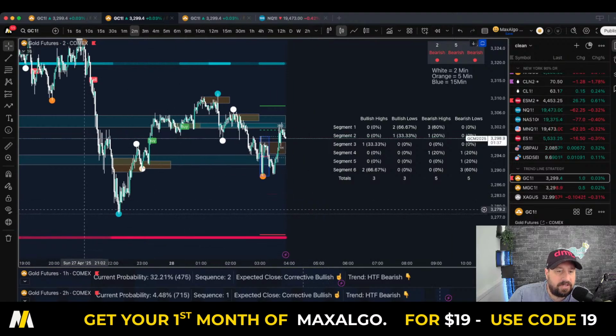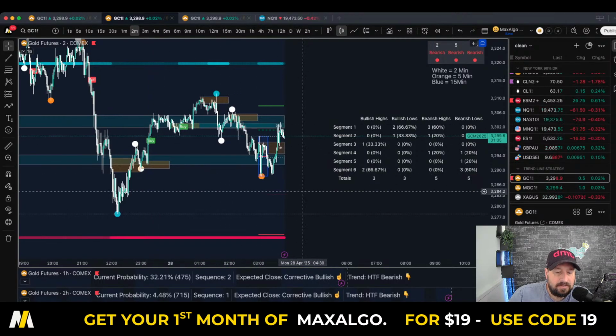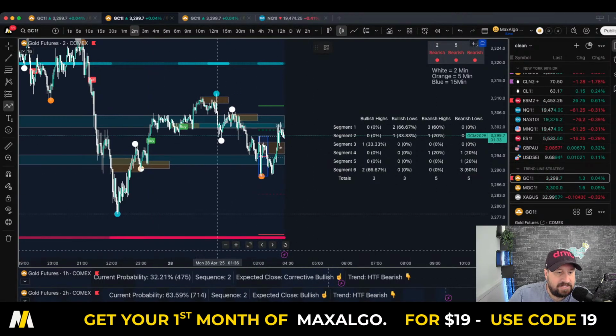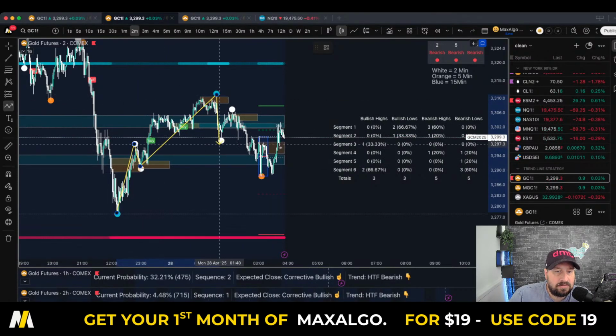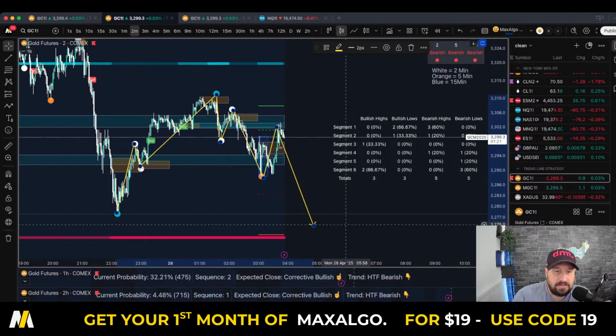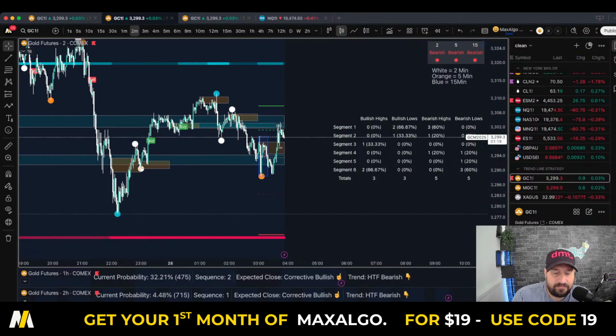I mean, it'd be a pretty clean conversion if this is the pullback. Usually you get a little bit more messing around, right? Usually it's a little bit more messy than that.